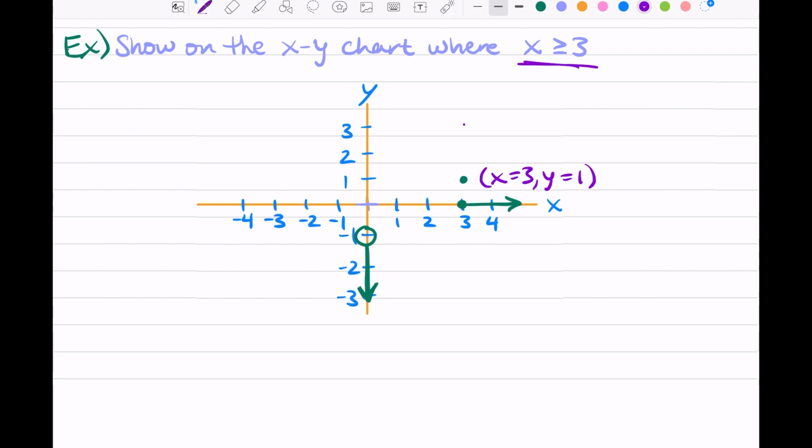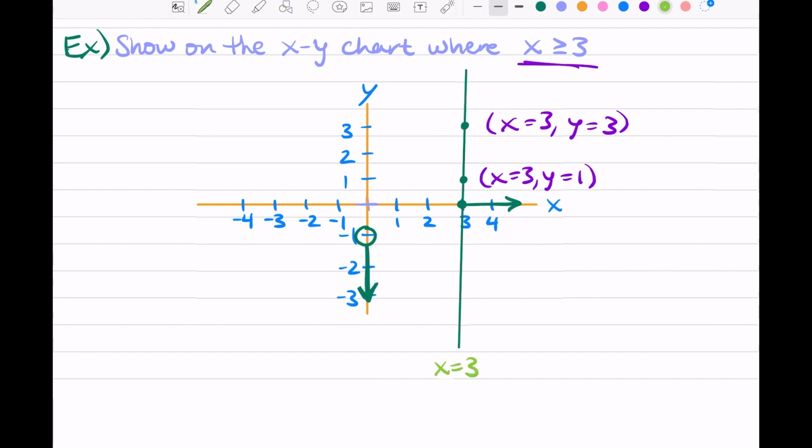Well, what about this point up here? Well, what's the coordinate? That is x equals 3 and y equals 3. Well, that should be part of our solution too, because x equals 3 there. Well, if you think about the entire line, up and down, this entire line is where x equals 3.